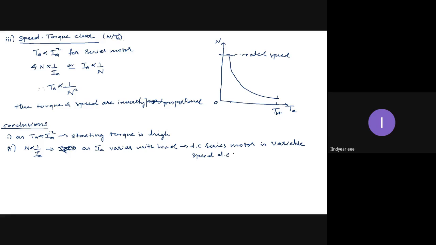On the contrary to the DC shunt motor, DC shunt motor is constant speed DC motor. Okay.